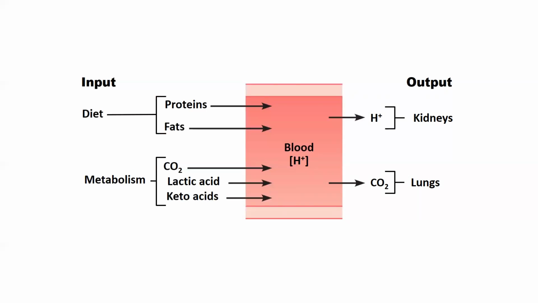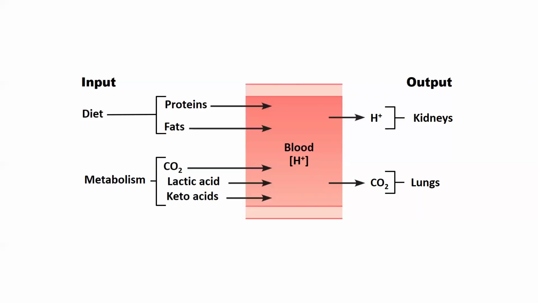CO2 must be released as a part of creating ATP to sustain those metabolic processes. Lactic acid, again, is another byproduct that is created from skeletal muscle. That creates an acidic environment. And then keto acids, again, which are the breakdown products of fats. So these are some ways that acid actually gets into our blood.